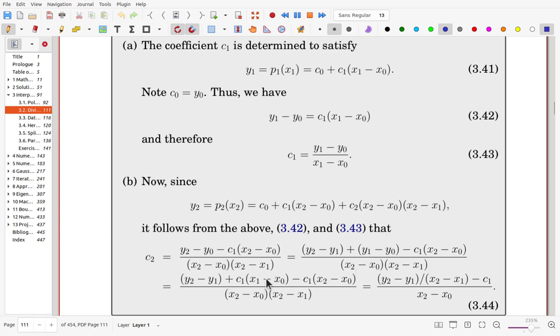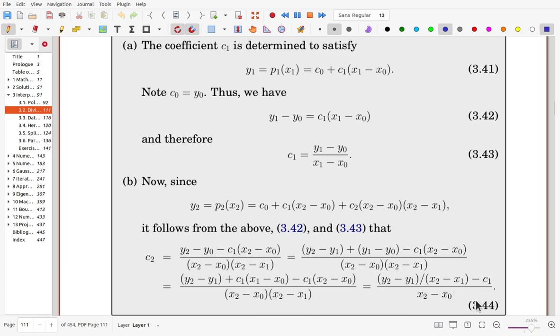So we have this, and when we combine them, that will be minus c1 times x2 minus x1, right? So we divide the bottom and top by x2 minus x1, then we can reach this final term.